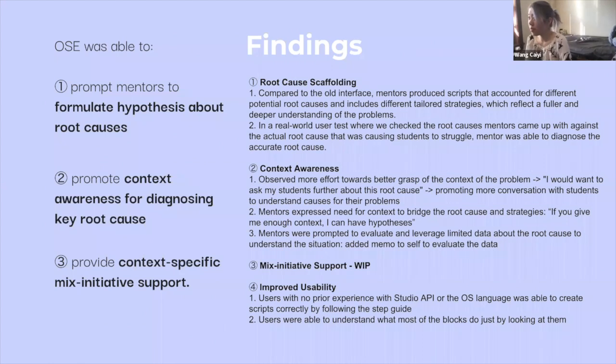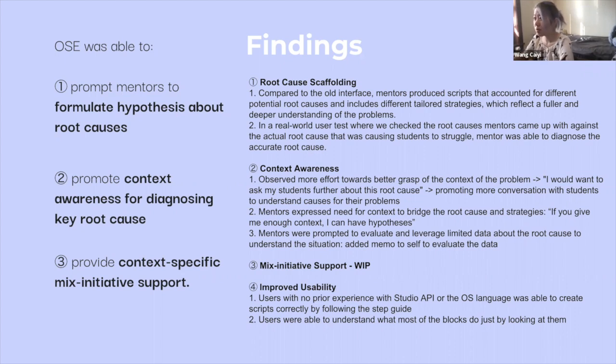So these are some key findings from our user tests. Compared to the old interface, mentors produced scripts that accounted for different potential root causes that included different tailored strategies. This reflects a fuller and deeper understanding of the problems at hand.